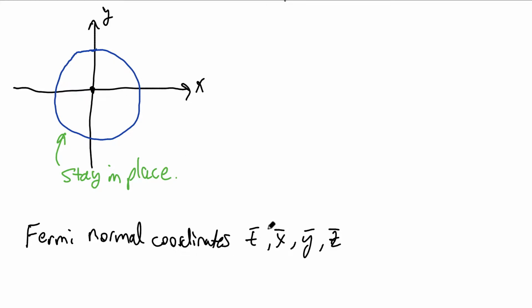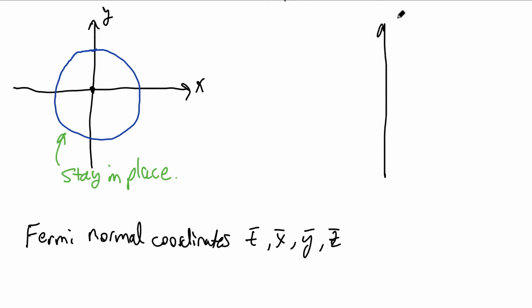In particular, t bar is proper time for the observer, and the spatial coordinates, x bar, y bar, z bar, are Cartesian coordinates for the space-like slices. In other words, x bar, y bar, and z bar span the set of events that the observer sees as simultaneous. We can now draw this same ring of particles in Fermi normal coordinates.